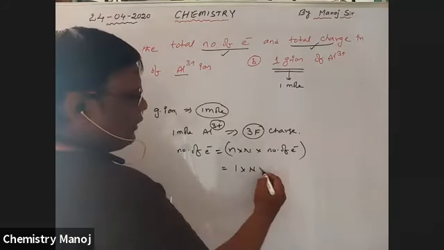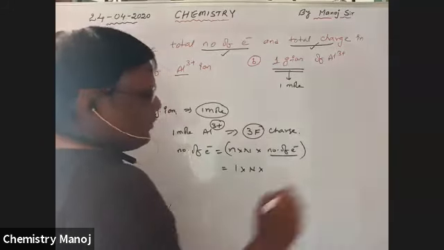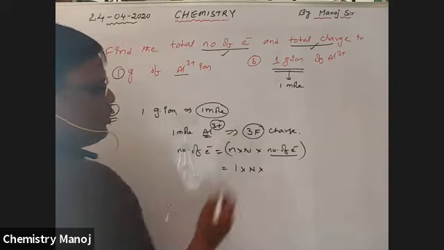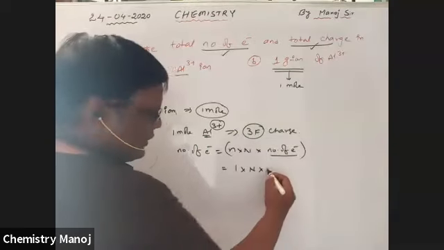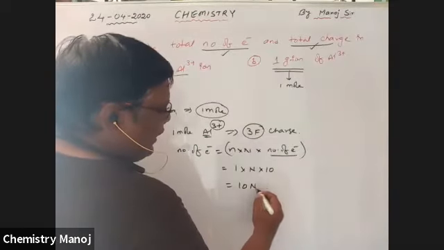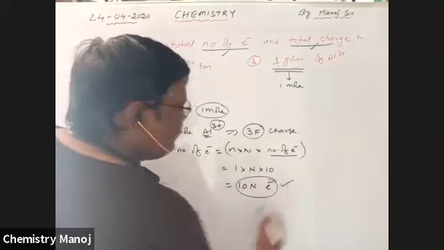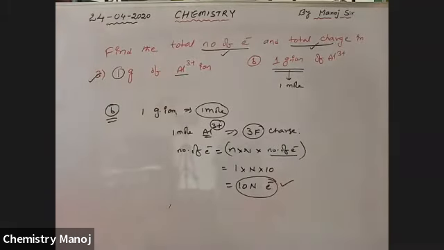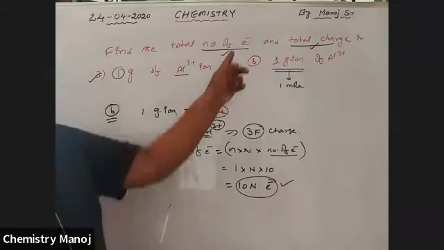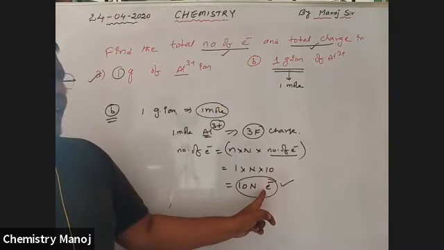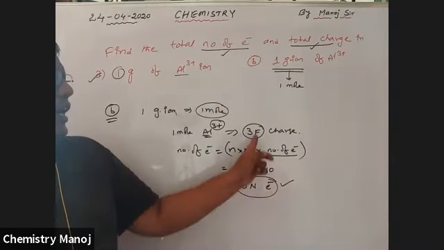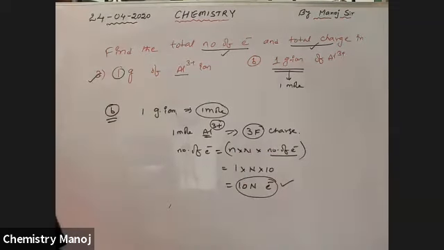Aluminum ion has how many electrons? 10 electrons. So 10N electrons exist. The number of electrons is 10N, and the charge is 3 Faraday.